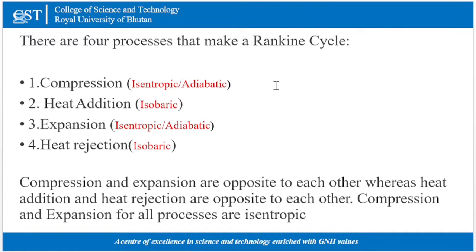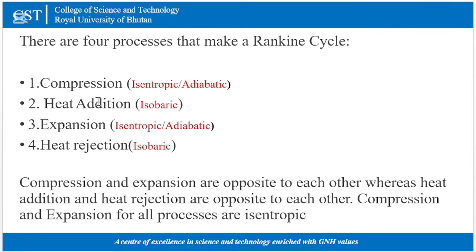That means to make the process adiabatic, you have to introduce insulation. By introducing the insulation, you can make the whole process adiabatic in nature. Adiabatic means there is no exchange of heat between the system and the surroundings. That process is known as adiabatic.